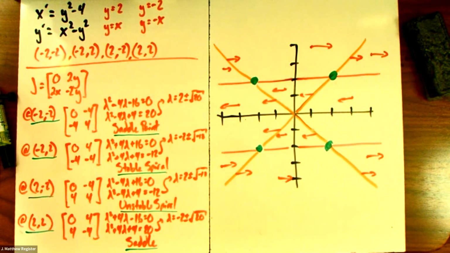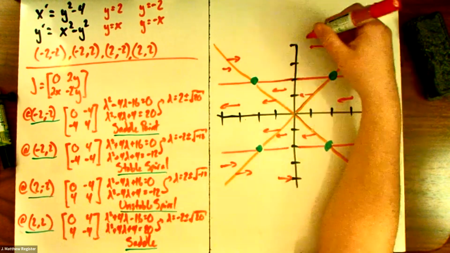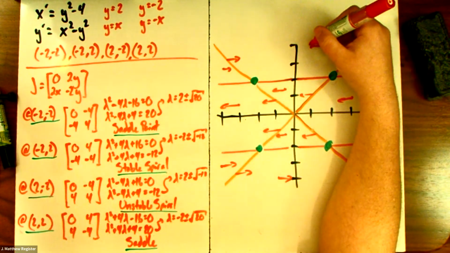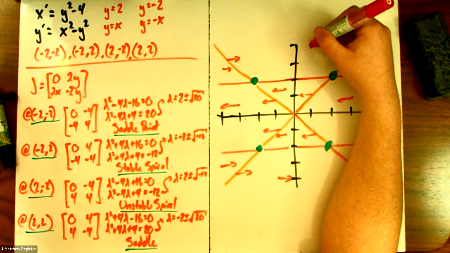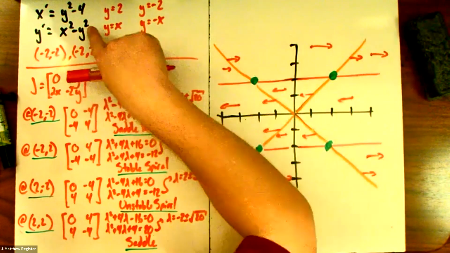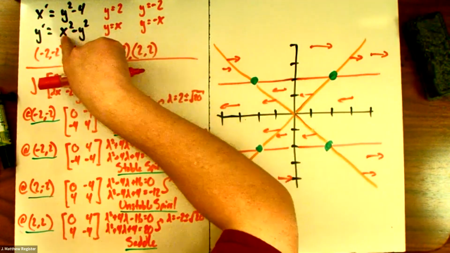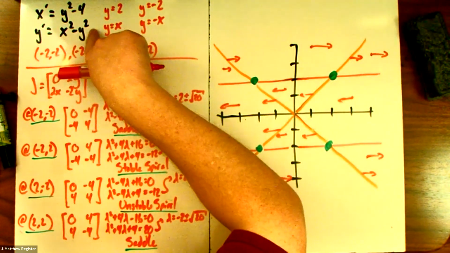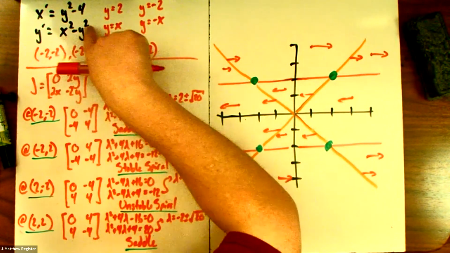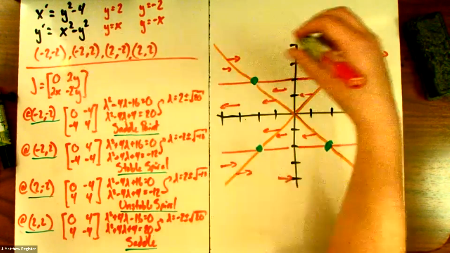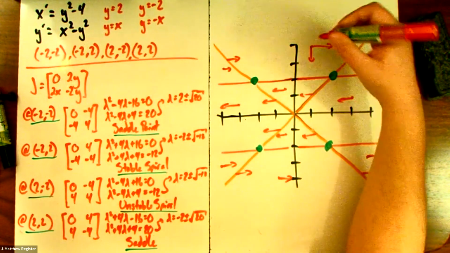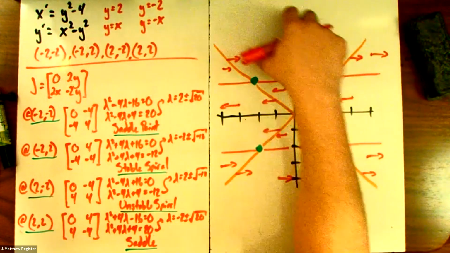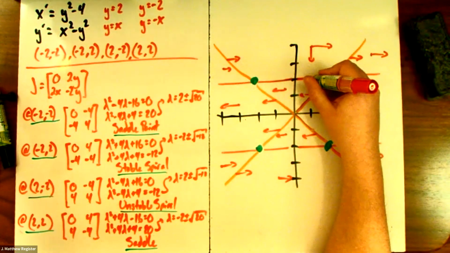Doing the same on the other side, the y direction. If we are up here at a point where, let's say, x is 0 and y is a positive value, then we are going to be going in a negative direction. Because looking at this, if x is 0 and y is anything, it's going to be negative. And so that means in this region up here, it's going to be negative.